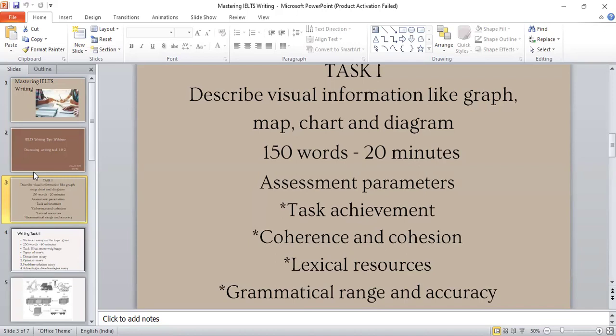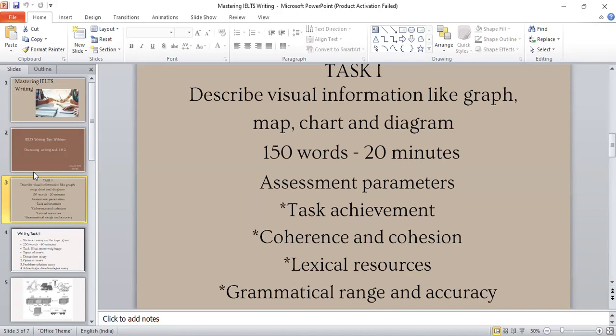As I already mentioned, it should be completed within 20 minutes and you have to write a minimum of 150 words. More than 150 words is fine, but less than 150 words means the score can be negatively affected.